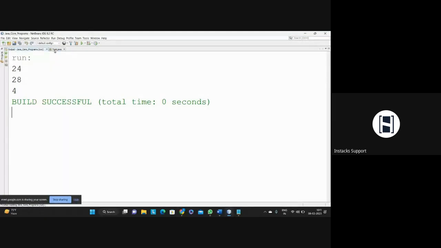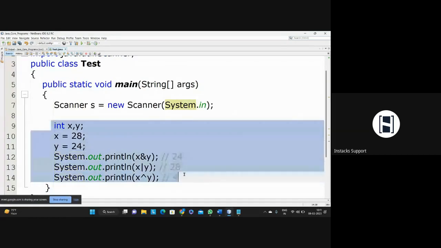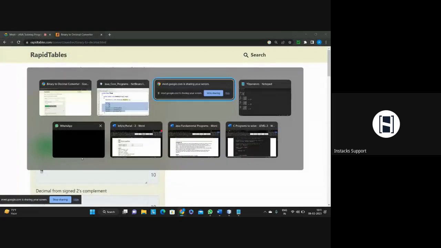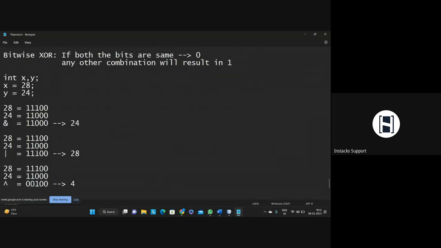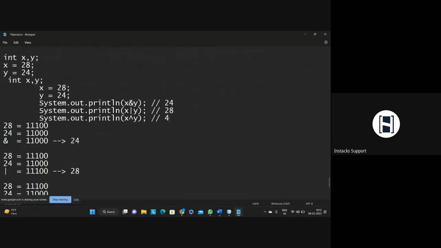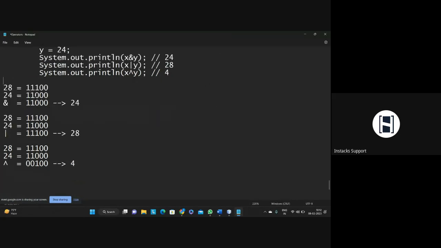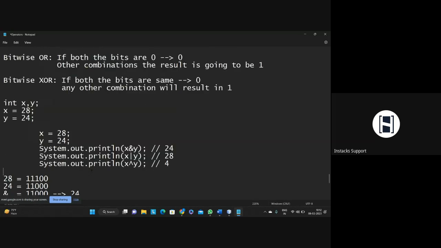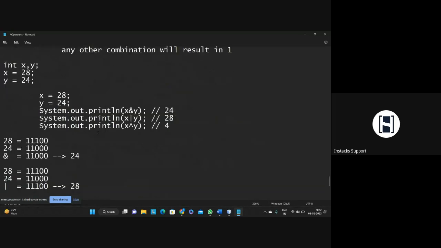So this is how my bitwise AND, OR and XOR operators are going to be working. Right, is this clear? Okay, so this is the output we got, and this is the explanation of how we got it.